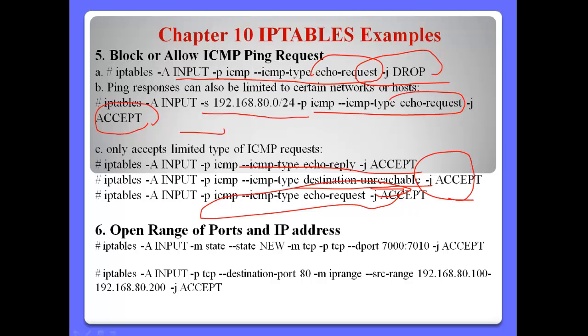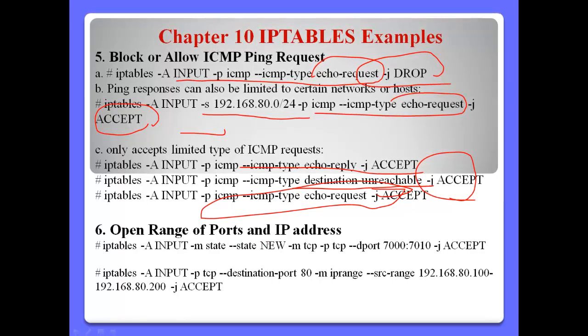Number 6, open a range of ports and IP addresses. Iptables input, match state, protocol TCP, and destination port 7002 to 7010 will be accepted. When we configure a range of port numbers, we can use the colon like this.